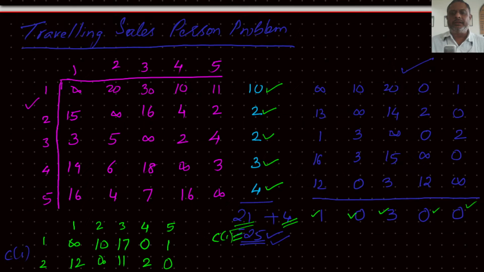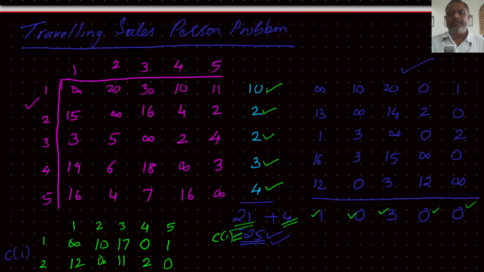Once this is done, we ask the question: if you want to go to node 1, from where would you like to come? Obviously, from node 3 to node 1. Same way, if you want to go to node 2, from where would you want to come?